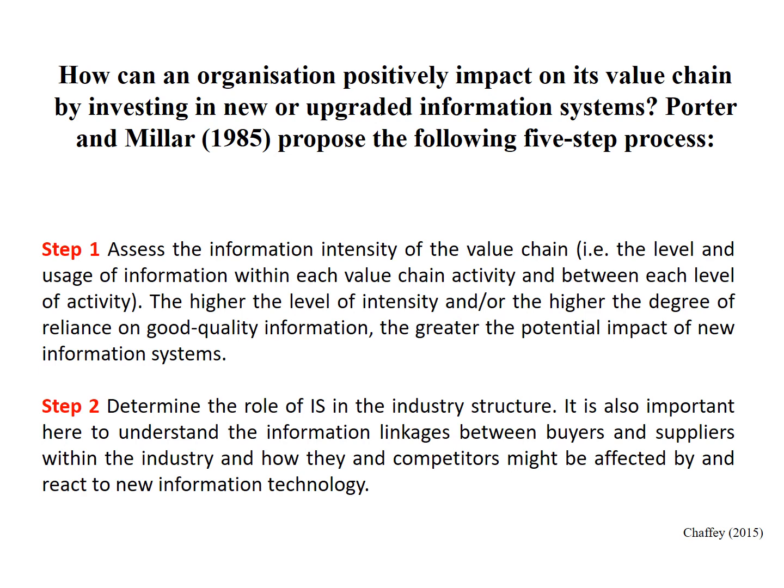Okay, the higher the level of intensity and or the higher degree of reliance on good quality information, the greater the potential impact of new information systems. So again, how much information is required, how intense is it, how much is one element dependent upon another in terms of information.